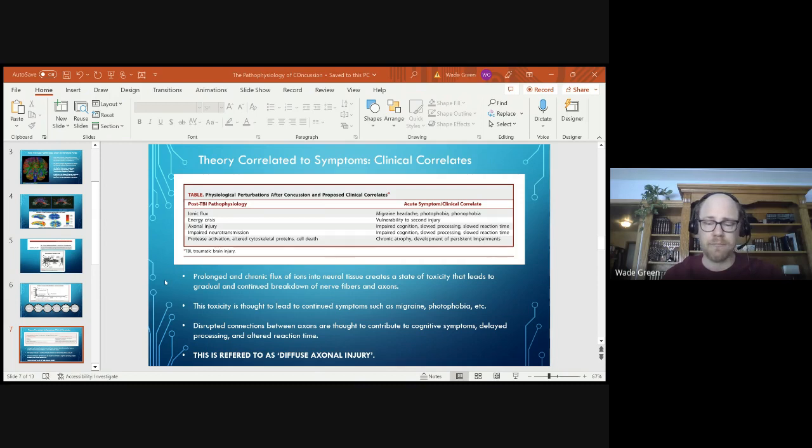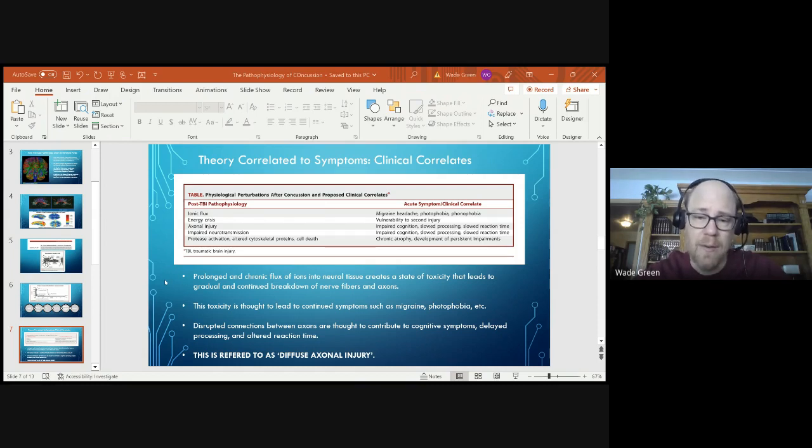Obviously, due to our changes in ATP and our energy crisis, with low levels of glucose and blood flow, that makes us vulnerable to a second injury. So the bottom line, and as we'll talk about later, this is why reporting of concussions is so important. If someone sustains a second blow to the head or a second concussive impact while still recovering from a concussion, this can have pretty serious consequences in some cases.